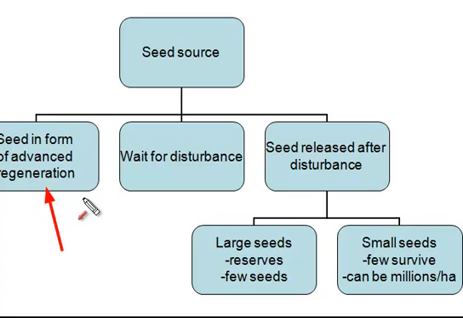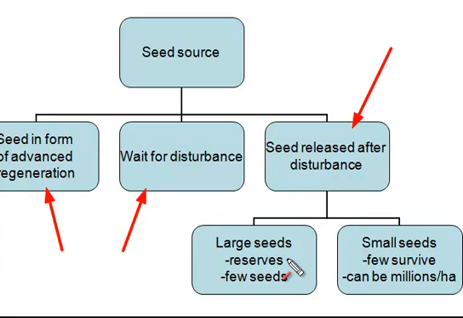And over here, wait for disturbance. And this is the pin cherry idea. I just talked about where it waits for 30, 40 years and then it takes off. And then the last one is seed release after disturbance.